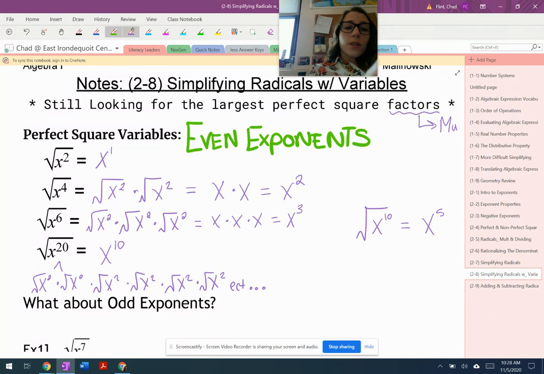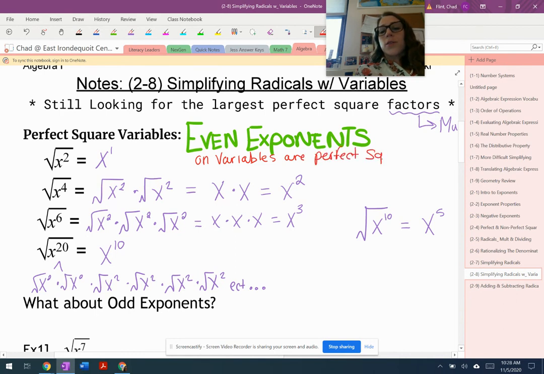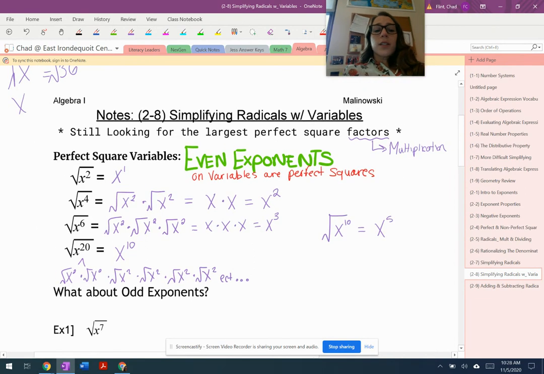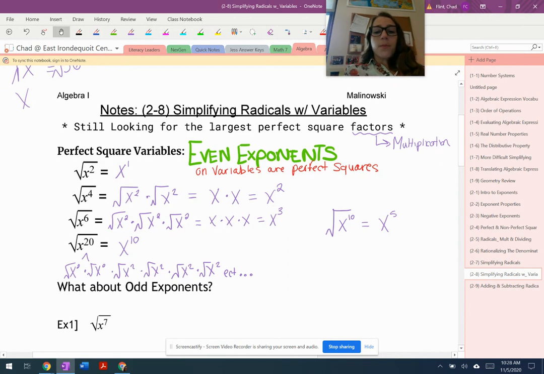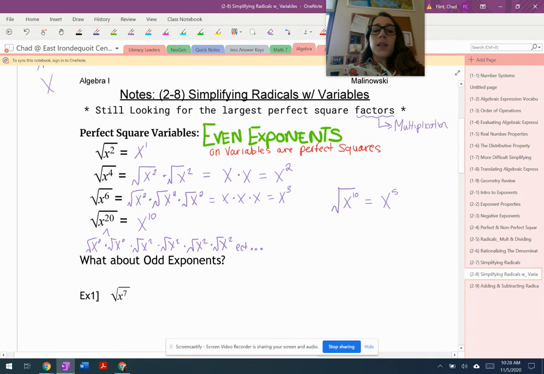Even exponents on variables are perfect squares. That's why you're looking to see how many x squareds you can break something up into. So that leaves the question, well, I guess we'll end there, and we'll talk about odd exponents in the next part.